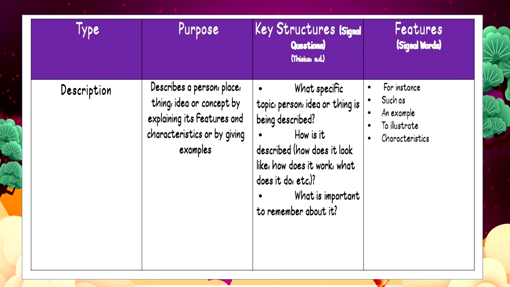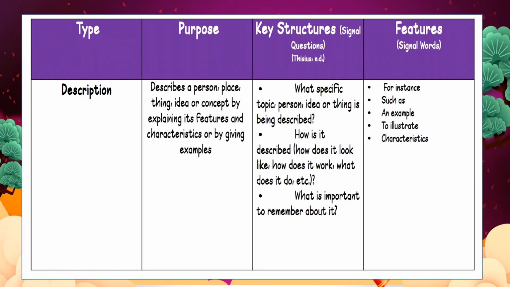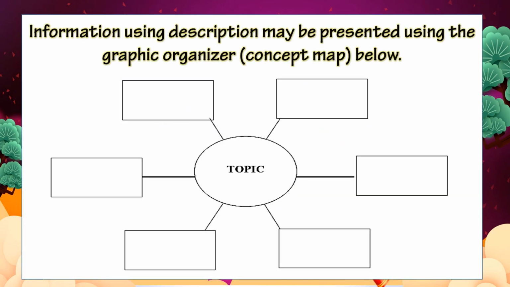How does it work? What does it do? Etc. What is important to remember about it? So the signal words are, for instance, such as, an example, to illustrate, characteristics. So I have here, using description, it can also be represented using the graphic organizer or the concept map as shown below.